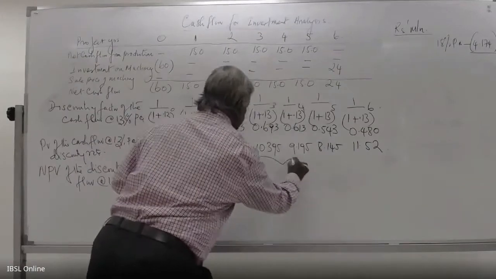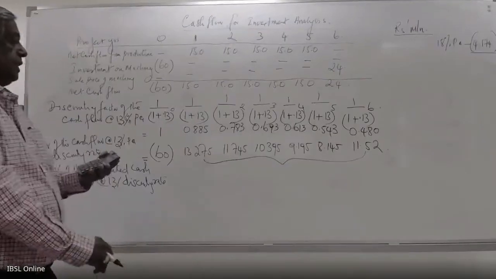Now we calculate this one. Total income. These are all our inflows, at present value.